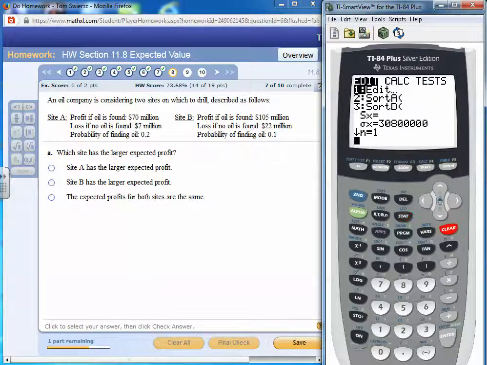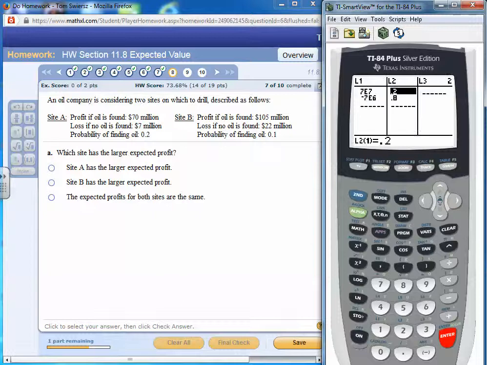We'll just use the list feature. We'll go to edit, and now we have different values. So for site 2, or site B, as they call it, we have 105 million for success, profit.